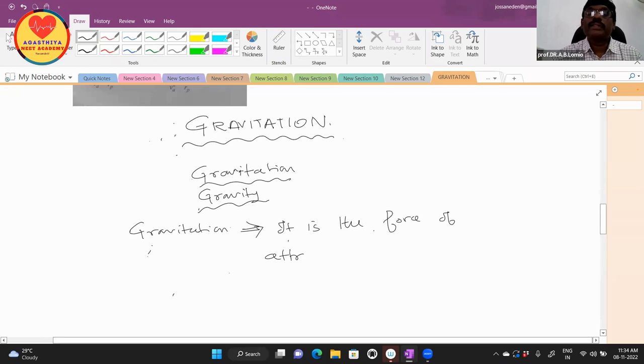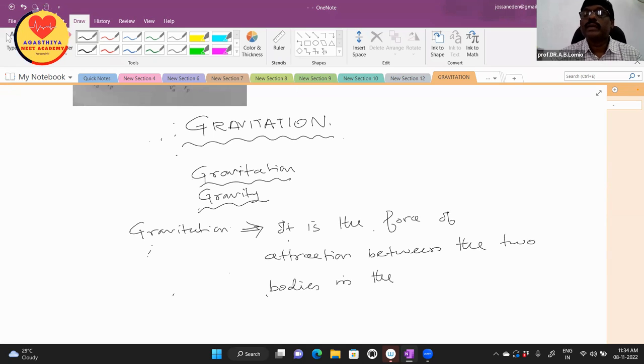Gravitation is a force of attraction between two bodies in the universe.